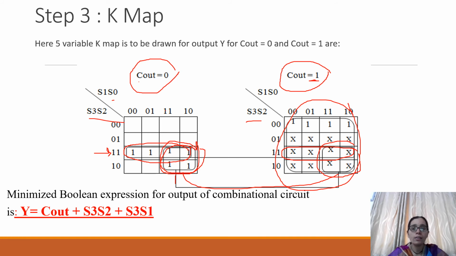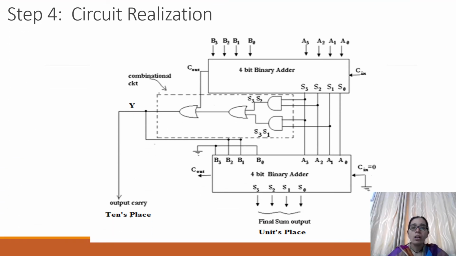Now, we will draw the circuit. This is the final circuit of the BCD adder, where we can note the first binary adder IC, which is used to add the two numbers A and B. That is, the first adder will add the two numbers A and B, whatever input we give, and with that we also give the Cin.